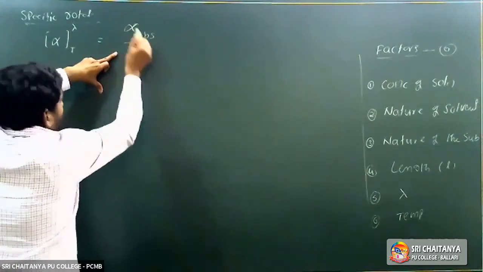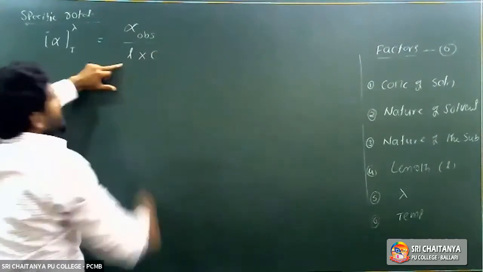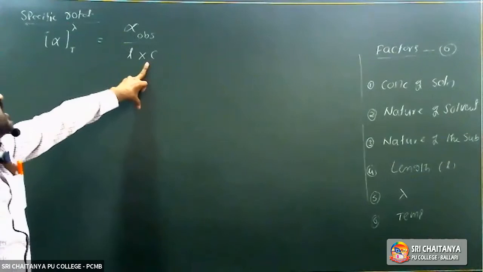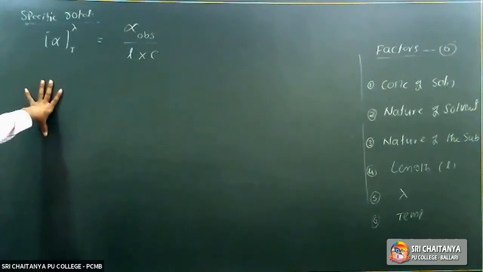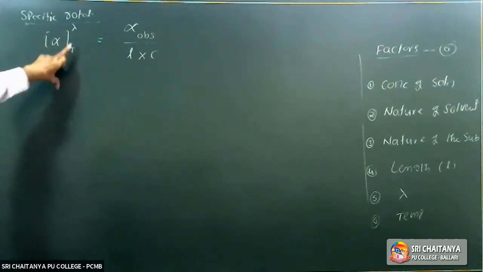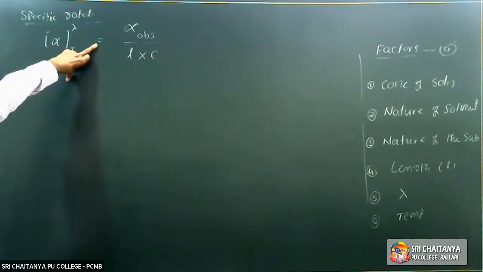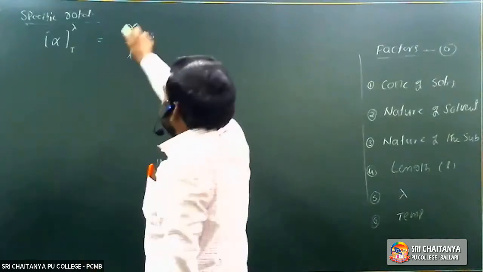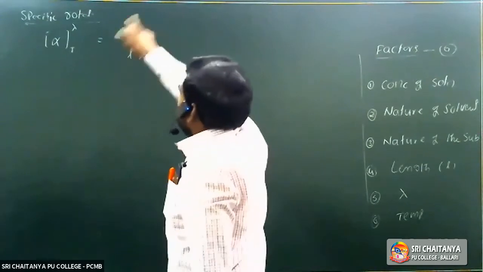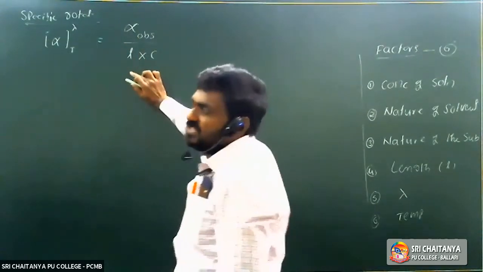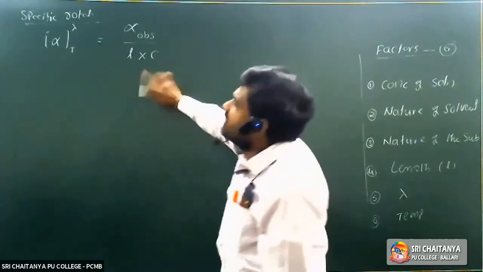The formula is the observed rotation angle divided by L into C. L is the length of the tube, and C is the concentration. This is the formula used to calculate the specific rotation: alpha at given temperature T and wavelength lambda equals observed alpha, the angle of rotation, divided by L into C.